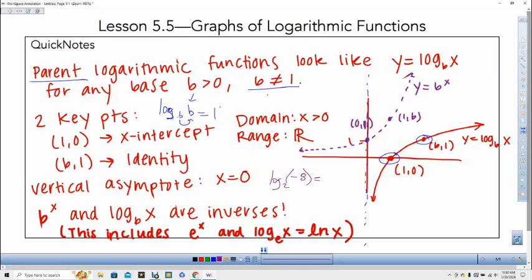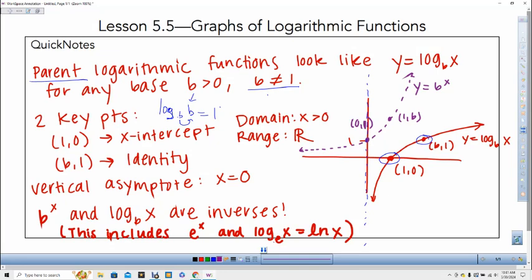Is there any power that you can raise 2 to get a negative number of any kind? Not even just negative 8, but any negative number. No, there's not. So it doesn't exist. So we cannot take the log of a negative number. So what's inside of that log must end up being positive before we take the log. We're going to see that here in just a second in an example.